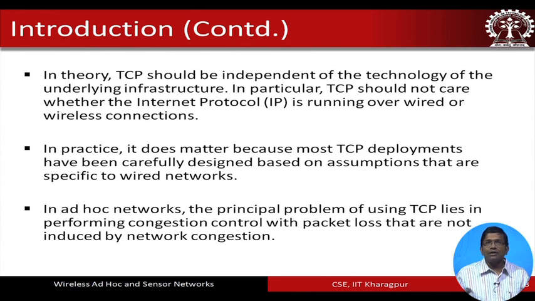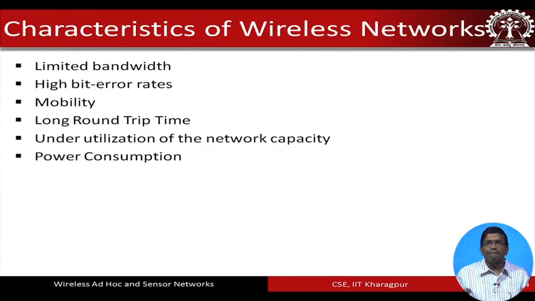In ad hoc networks, the principal problem of using TCP lies in performing congestion control with packet losses that are not induced by network congestion. This is the main problem of using TCP in ad hoc networks, and we are going to examine this in more detail as we go ahead.